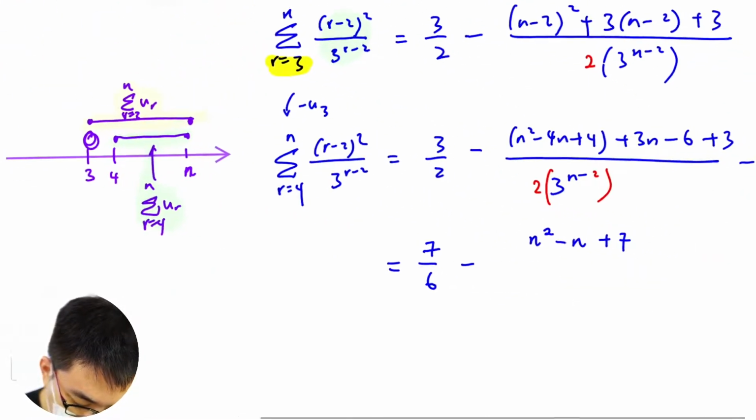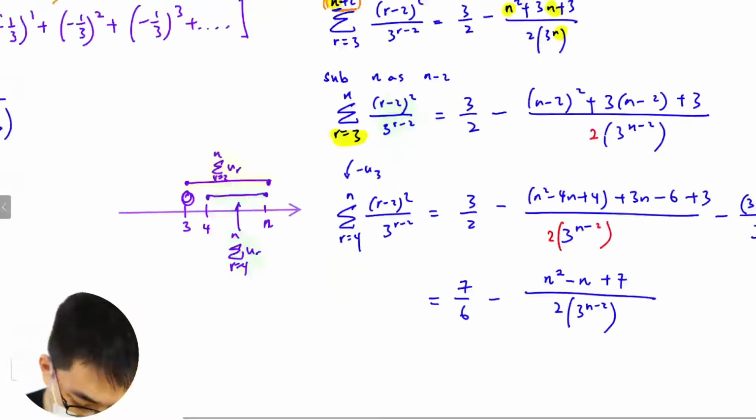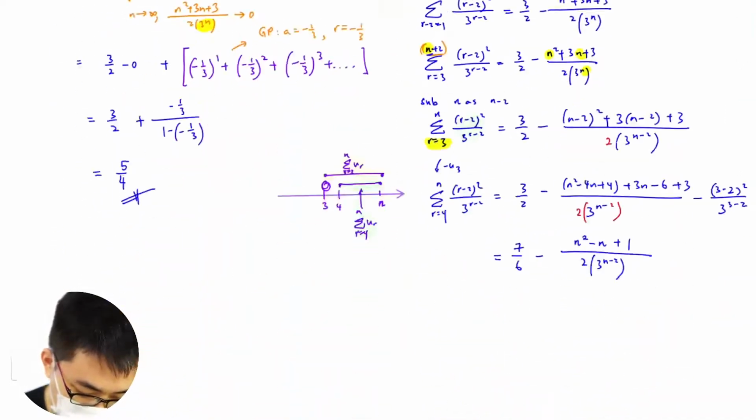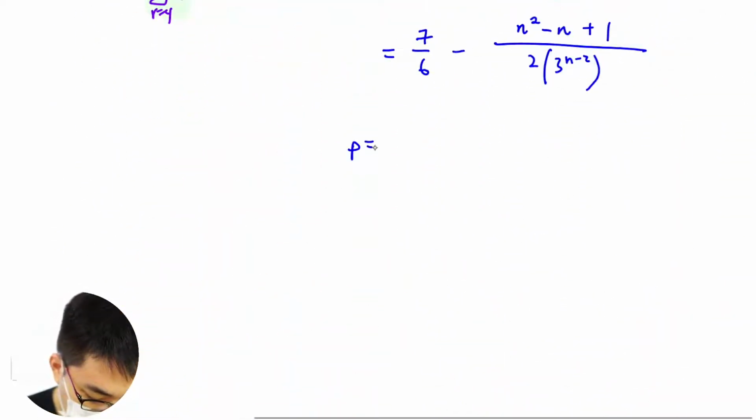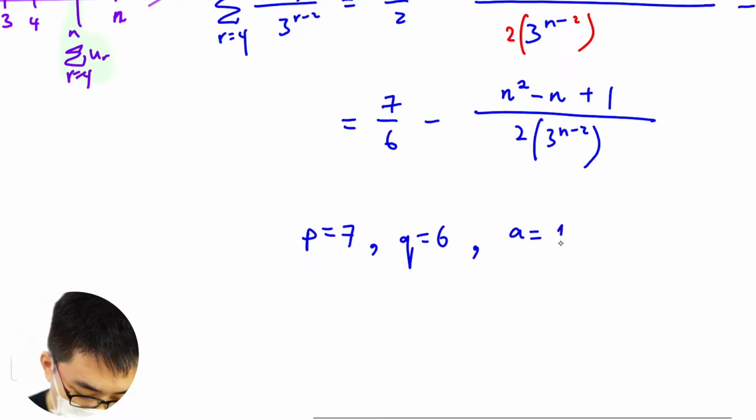Sorry. So I got p is 7, q is 6, and what is 1? This one.